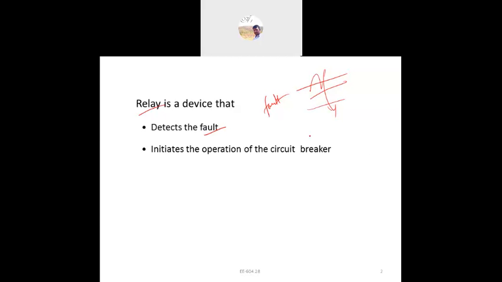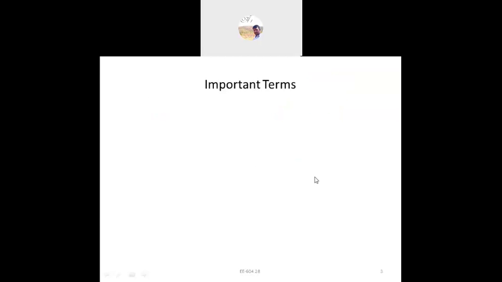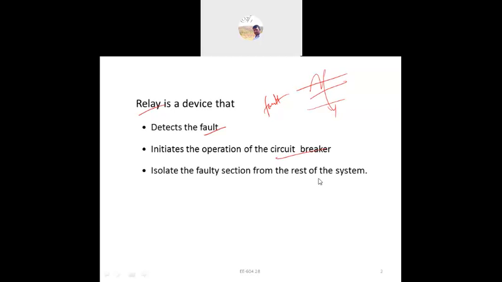The isolation part is done by the circuit breaker, so the relay initiates the operation of the circuit breaker to isolate the faulty section from the rest of the system. To protect the healthy section, we need to separate that faulty section. That's why the relay detects the fault, initiates the circuit breaker operation, and isolates the faulty section from the healthy section.